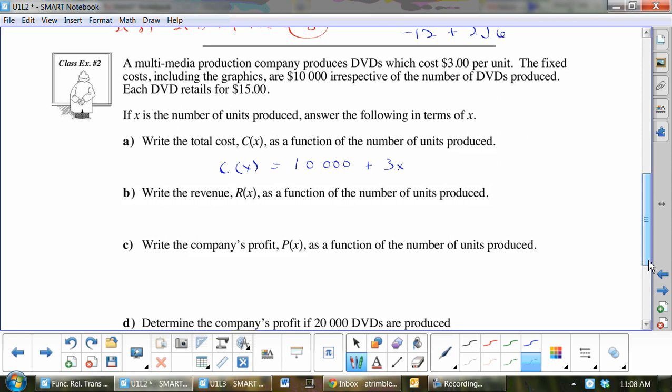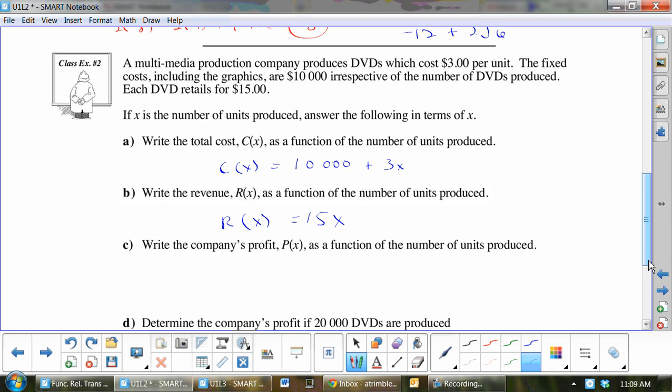Now, how much, if I sell them now, do I make per DVD? So my revenue is of X equals 15X. Now these two compete against each other because revenue is the money you're making, but cost is what's taken away from that. Okay?